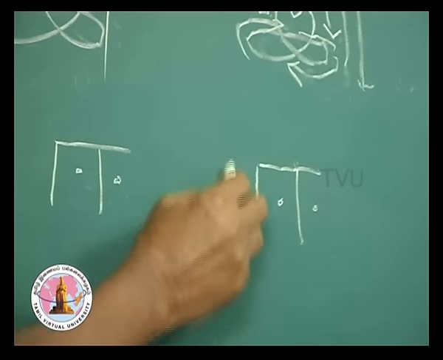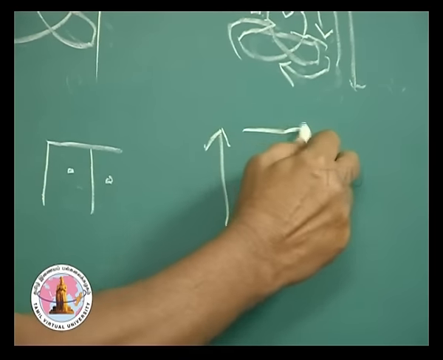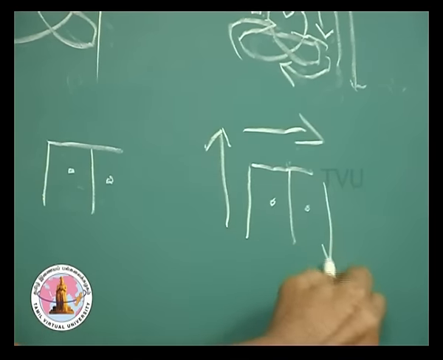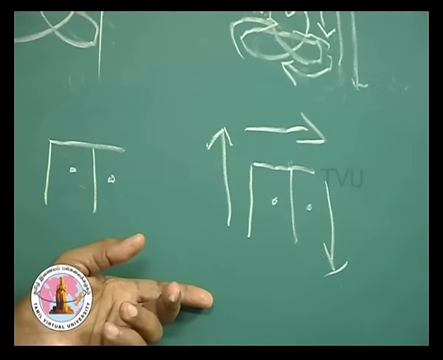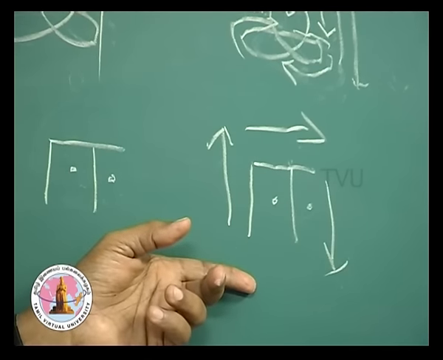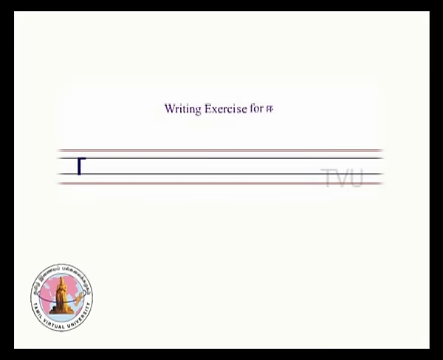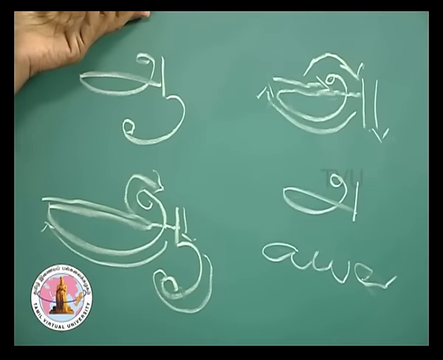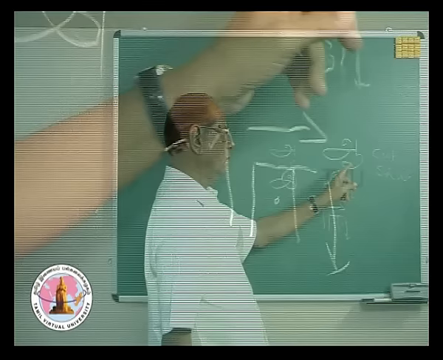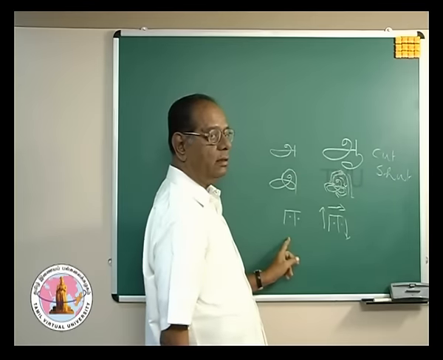The way to write this is, this is E. This is the fourth letter. Now you have to practice it. Now we have seen A, O, E and E.